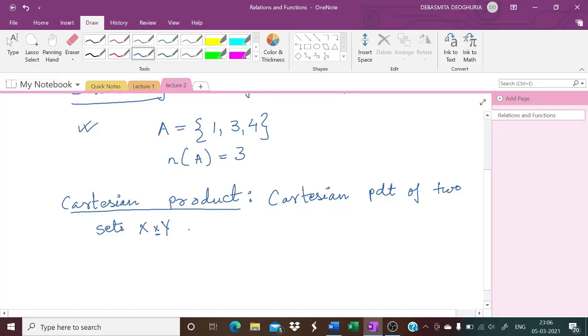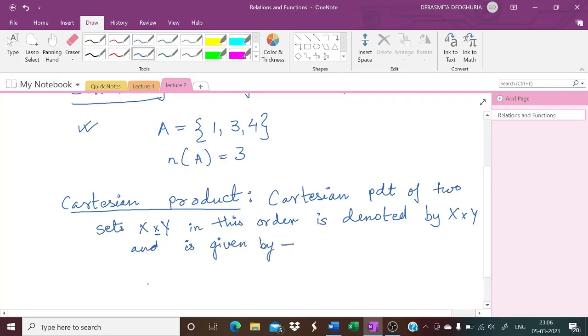X cross Y is given by X cross Y is equal to (x, y).